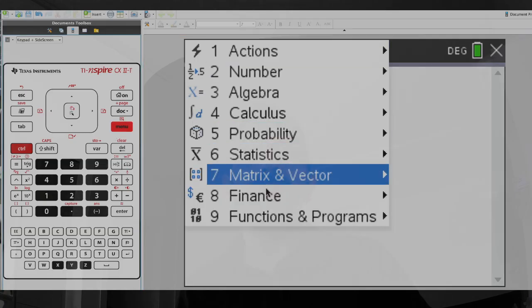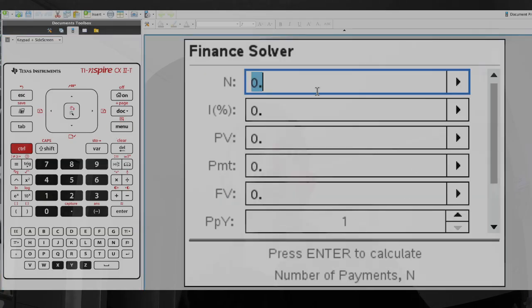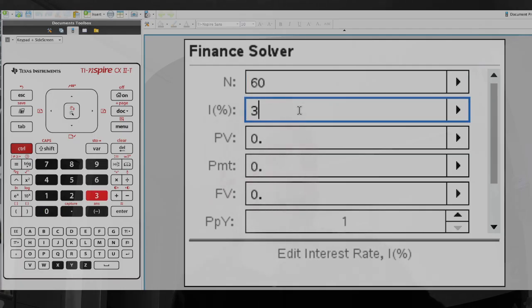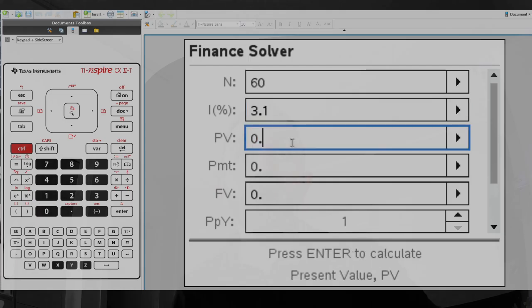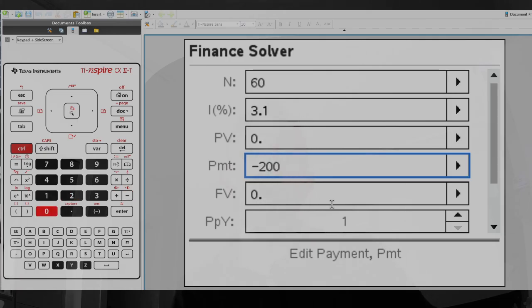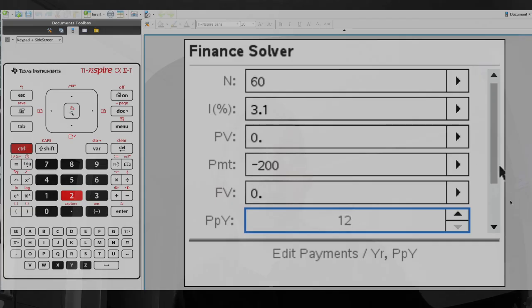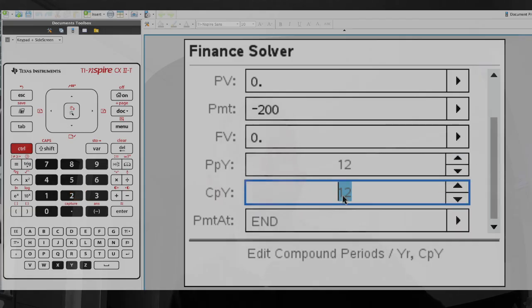Then go to menu, finance solver. N is 5 times 12, which is 60. I is 3.1. Present value is 0. PMT is minus $200. Future value is what I want to find. PPY is 12, and CPY is also 12.